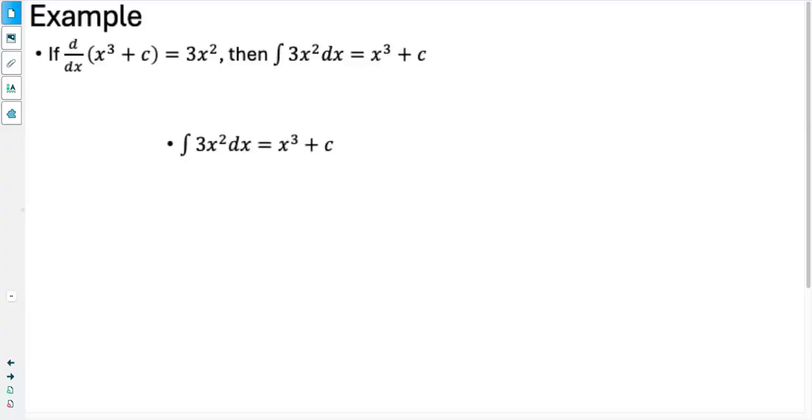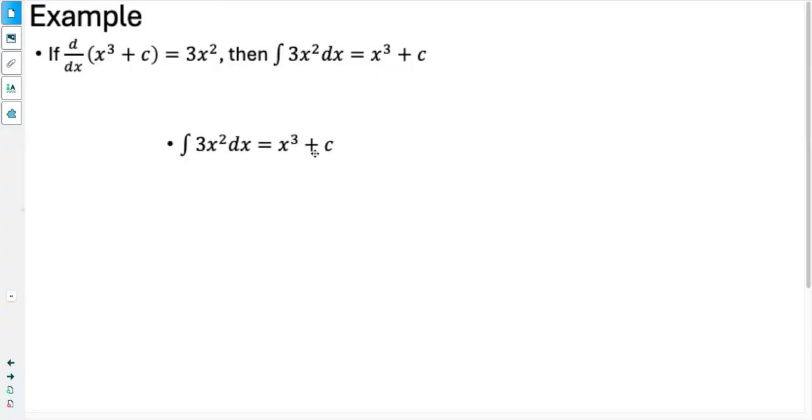So if our derivative with respect to x of x cubed plus c is 3x squared, we can say the integral of 3x squared dx is equal to x cubed plus c.